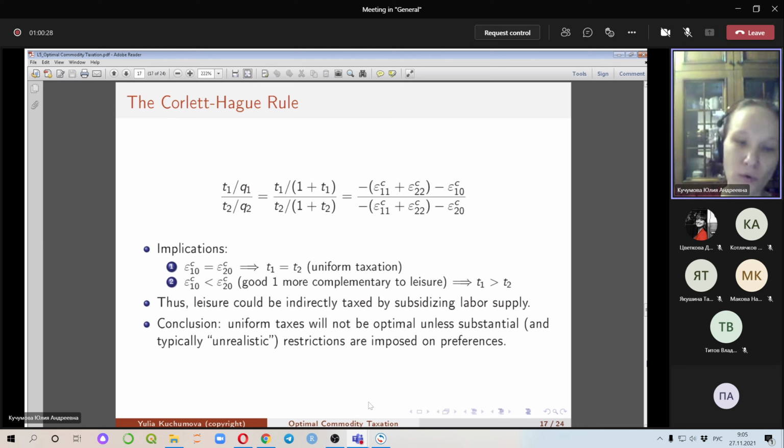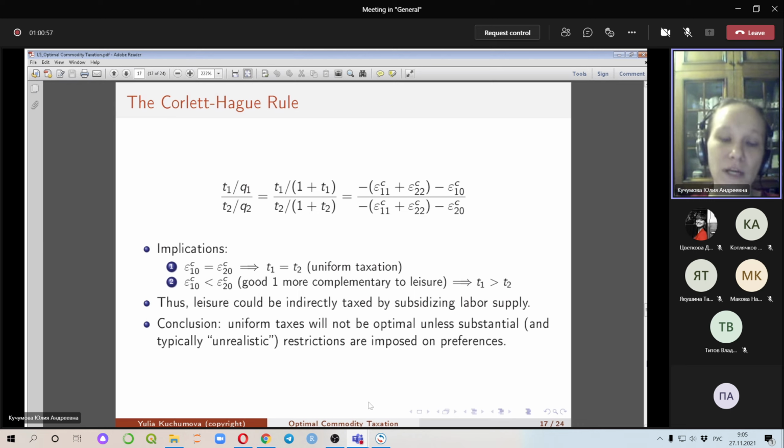We dug so far so that we now understand, right, that the key issue is that we cannot tax leisure in this model, and therefore we have distortions, right?